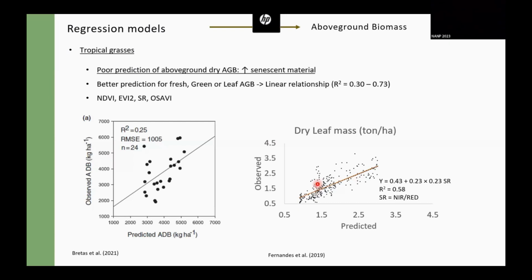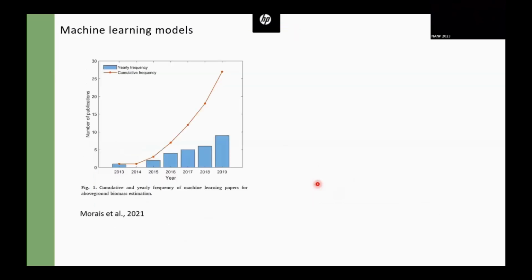So the best predictions based on regression models are based on a linear relationship between the vegetation indices and the green or leaf above ground biomass. And besides NDVI, other vegetation indices have worked better, like the EVI or some soil adjusted vegetation indices. It's just to illustrate the results.